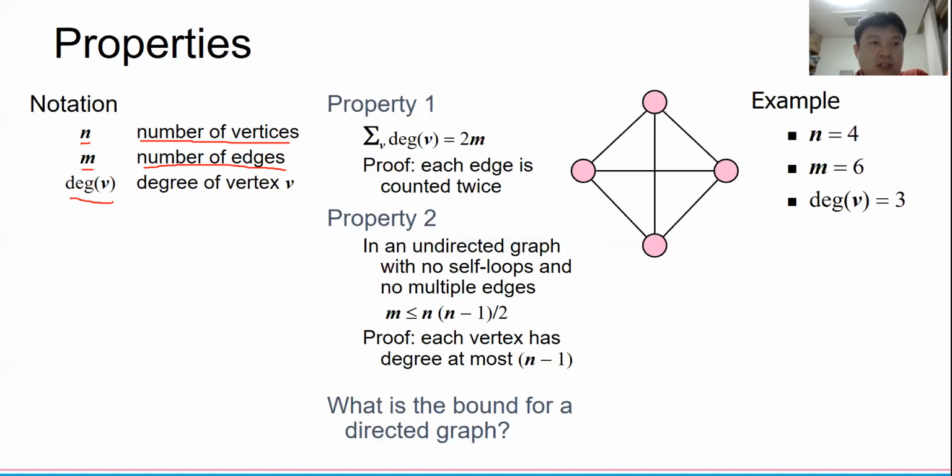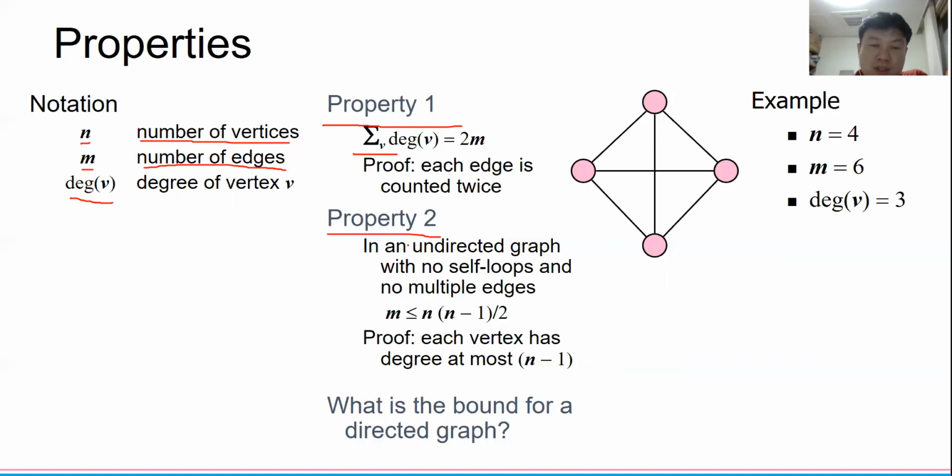The degree of v means the number of edges that are connected to that vertex. There are two properties that we can understand from the graph. Property one is about the number of edges: we can sum all the degrees of v.